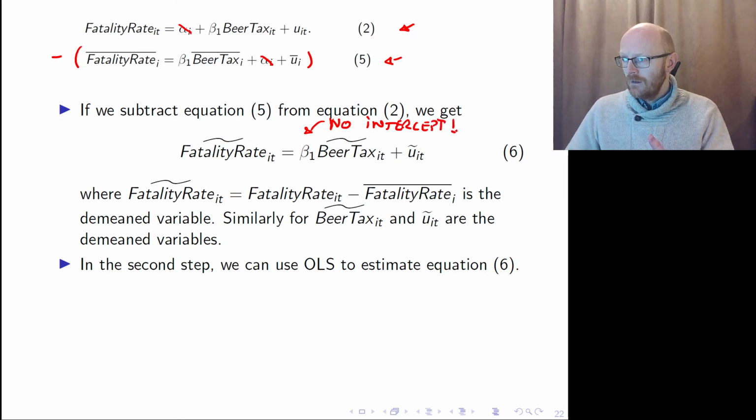Okay, and in the next step, you can just use the ordinary least squares to estimate this transformed data, right? This new equation without intercept, and you only have one coefficient.